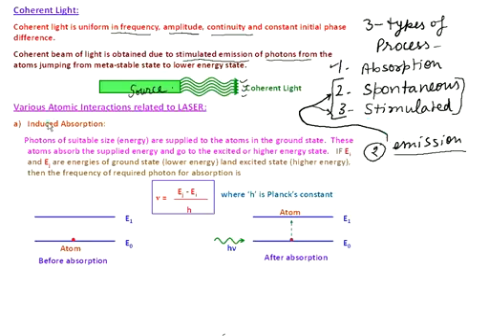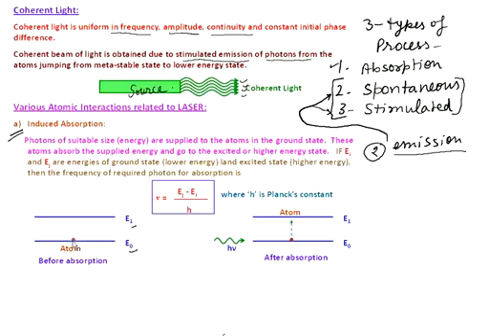Here, first of all, the induced absorption or stimulated absorption is defined by using two energy levels corresponding to the ground state and the excited state. Induced absorption takes place when a photon of suitable frequency is absorbed by the atom which is in the ground state.